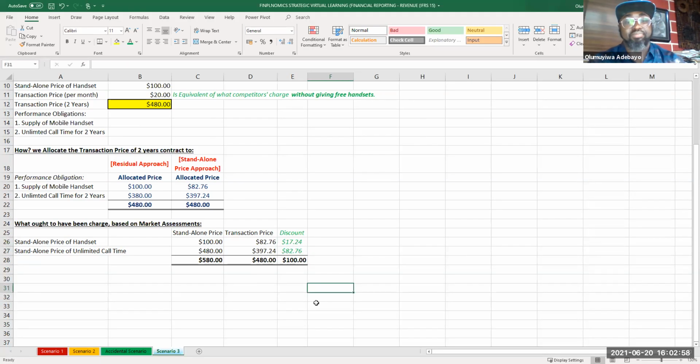Does that make sense? The $100 that you seem to have given out is given out on the basis of you giving $17.24 out from the price of the assets and $82.76 as discount from the normal call time.